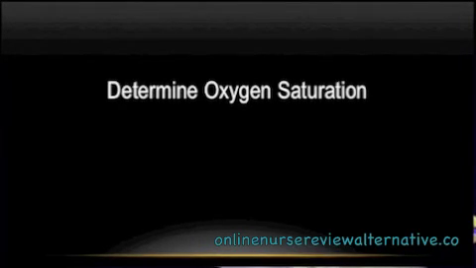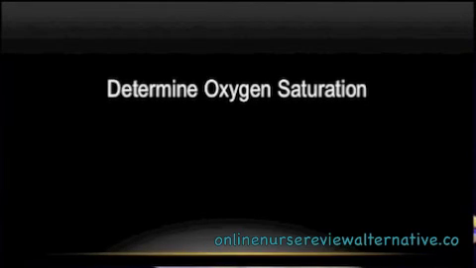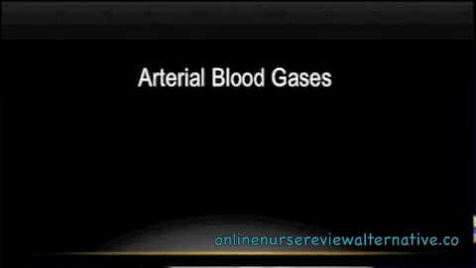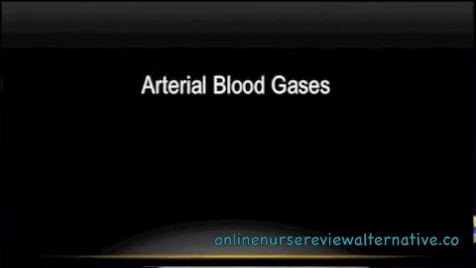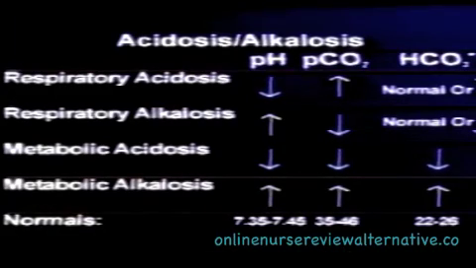But the most accurate measure of the fluid and electrolytes, or the electrolyte balance, is by monitoring arterial blood gases. But you do need to know what those normal values are so that you can assess whether, in fact, they are within normal limits. There will be a slide that will also have those normal values that you should be seeing right about now on your screen.